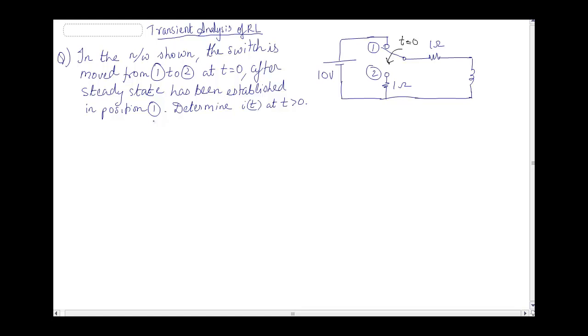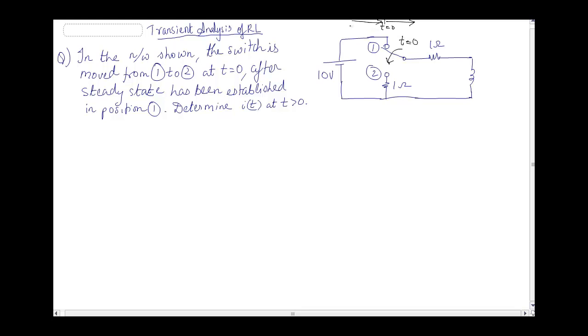And after that, at t is equal to 0, the switch is moved from 1 to 2. So there are, as you can see, two different timings here. One is the time before t is equal to 0, and the other is after t is equal to 0.